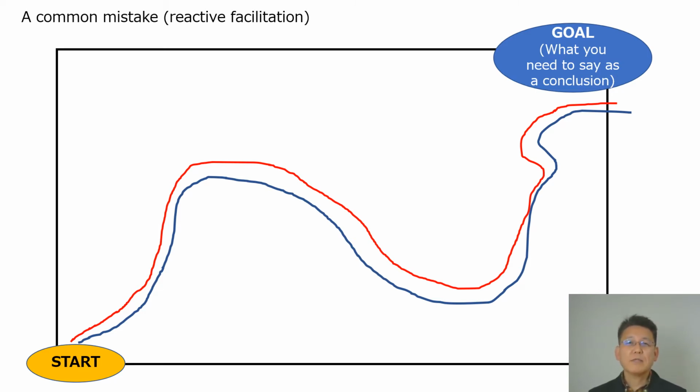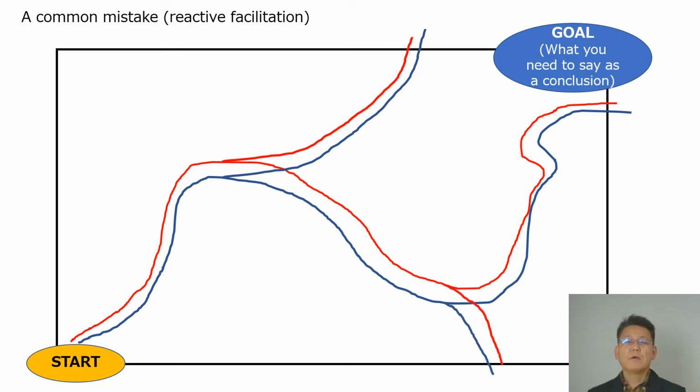Sometimes you may end up with the wrong goal, as you can see. This is the worst case. You reached the wrong goal again, or here's another wrong case. This is simply because you are reactively following or reacting to the other members.